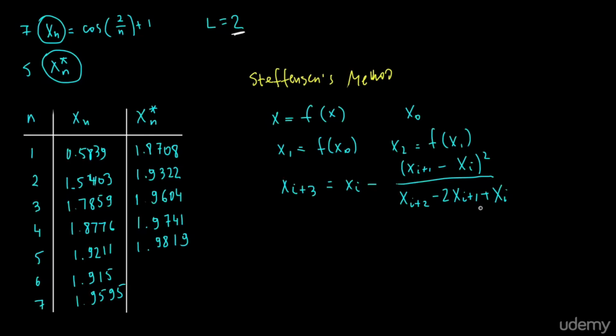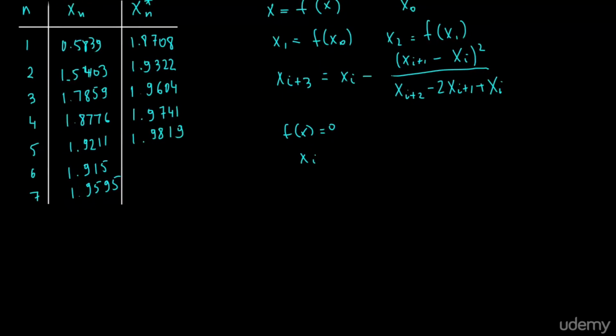Alright, so without Aitken's delta squared process, Steffensen's process looks like this. To find a solution of f of x equals 0, for example, you start by choosing some point x_i as the first estimate, and then the subsequent estimates are computed by the following formula.